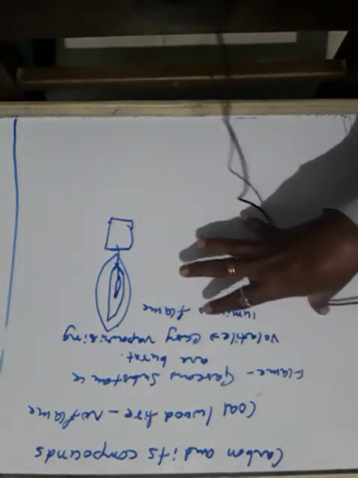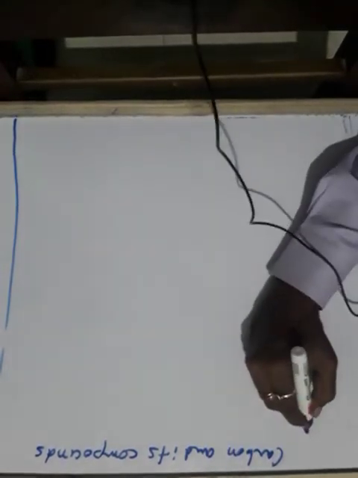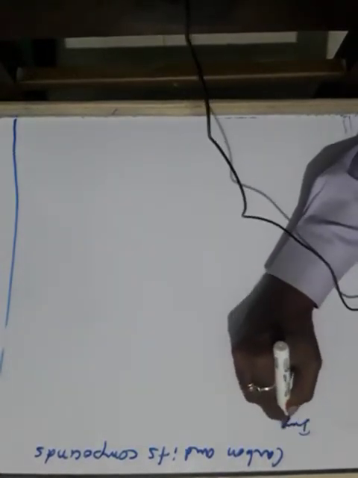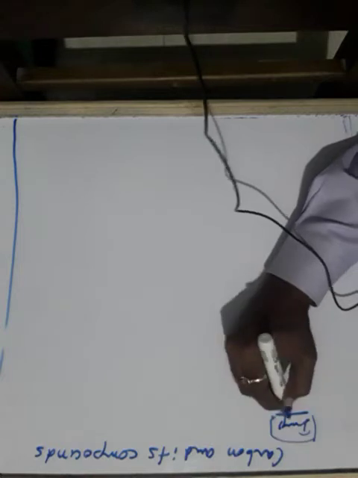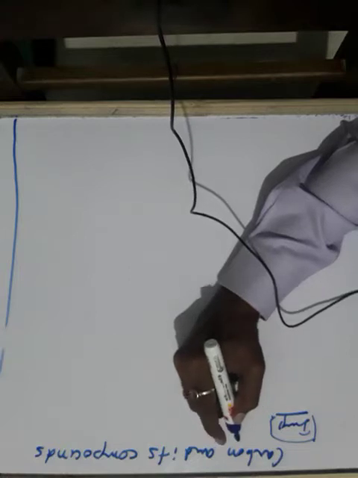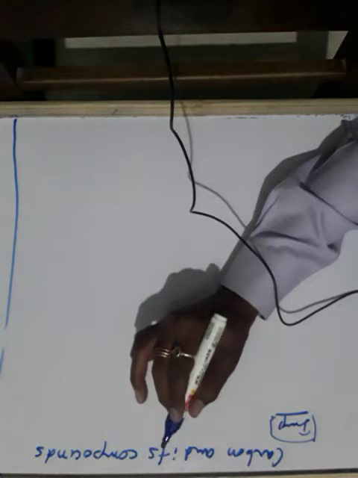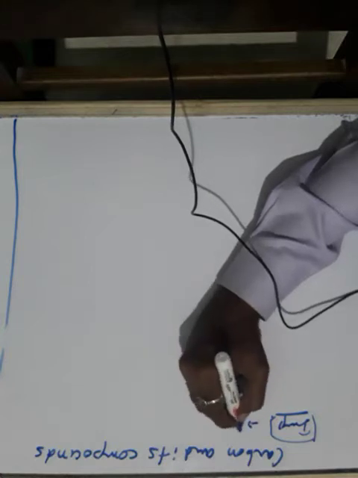Now we'll discuss some important points related to this particular concept. These are a little important information. First of all, you should know all combustion reactions are basically oxidation reactions, which are carried out in the presence of oxygen.